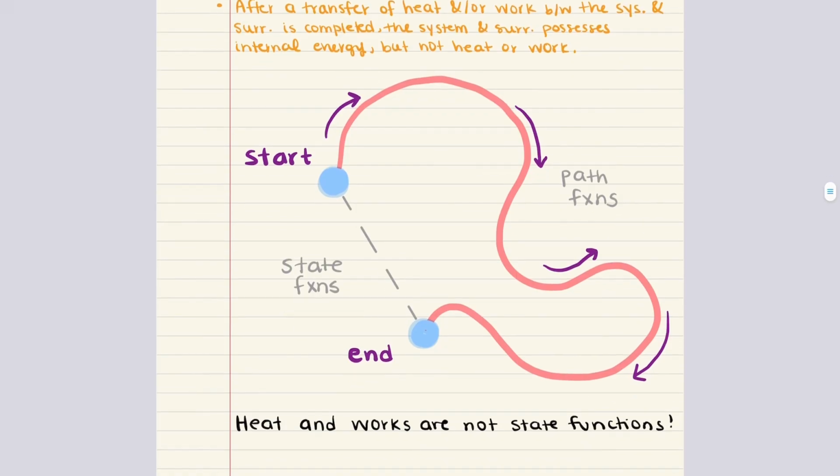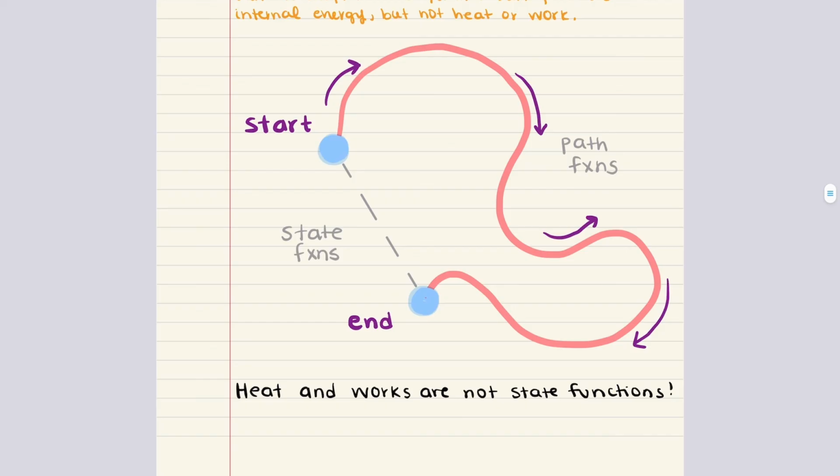On the other hand, heat and work are not state functions. They're referred to as path functions because they depend on the specific process or path taken to transition from that initial to that final state. In other words, heat and work describe the energy transfer along the path rather than the state of the system at a given moment.